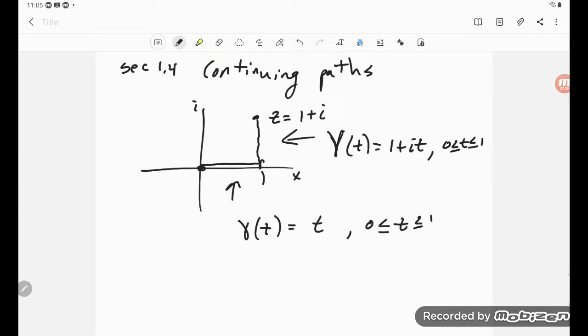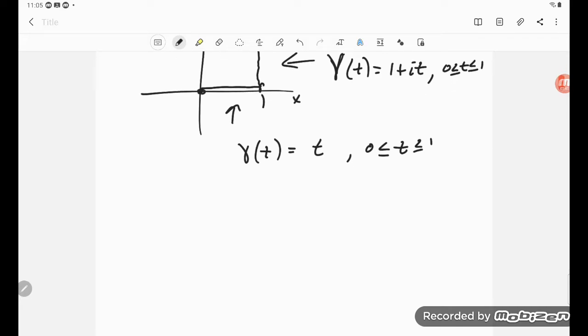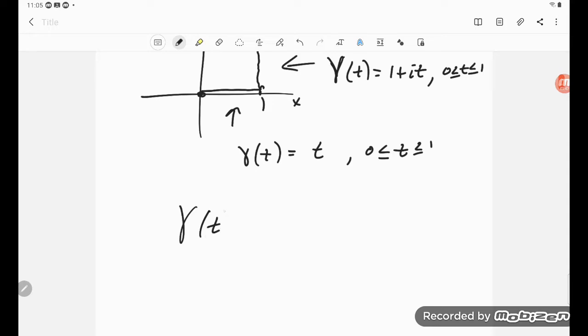So, I could fix this up and do a piecewise definition again. And so, I would let it be t, say from 0 to t less than 1. And then I need this thing to actually go from 0i to 1i.